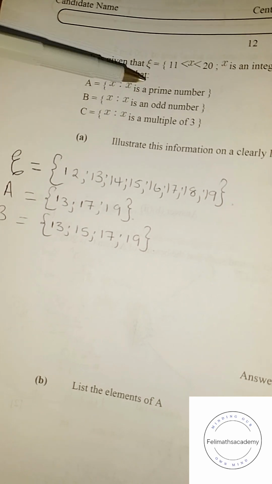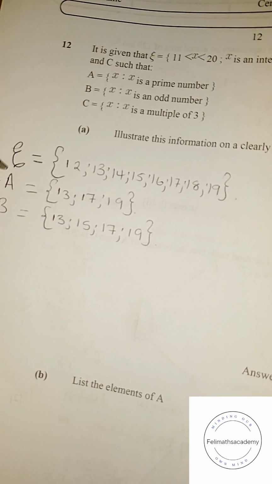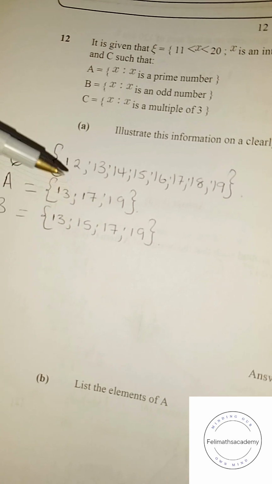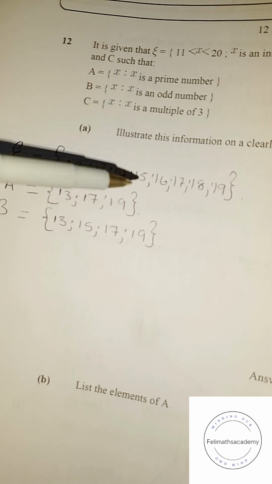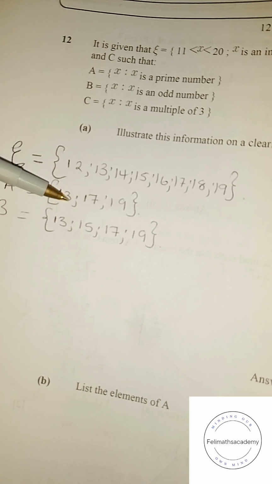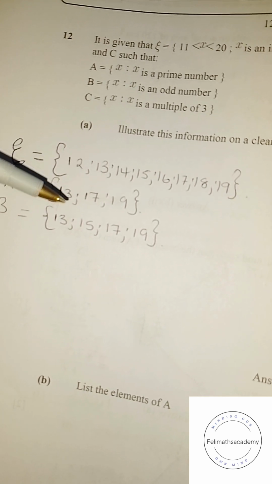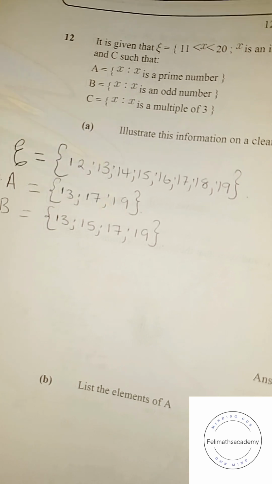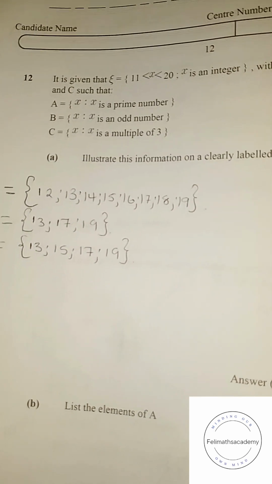Right. Prime numbers. Set A is equal to the set of prime numbers. Prime numbers are those numbers that have only two factors, 1 and itself. So 13 has only two factors, 1 and itself. 17, that's the same for 19.